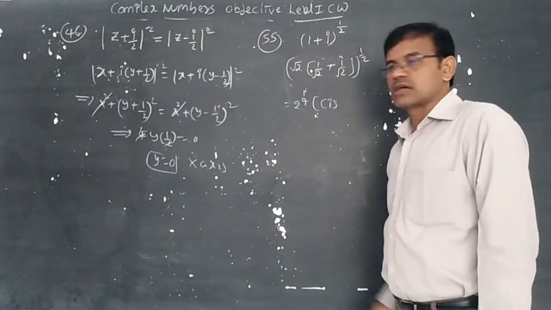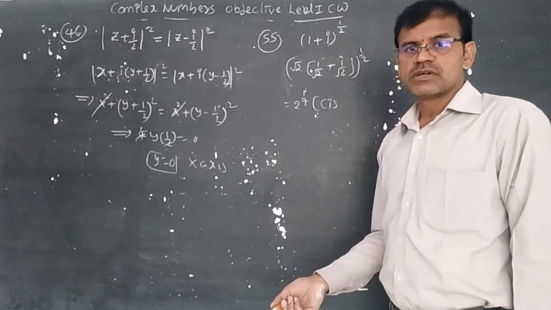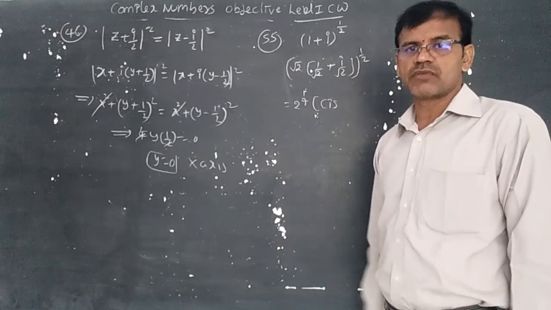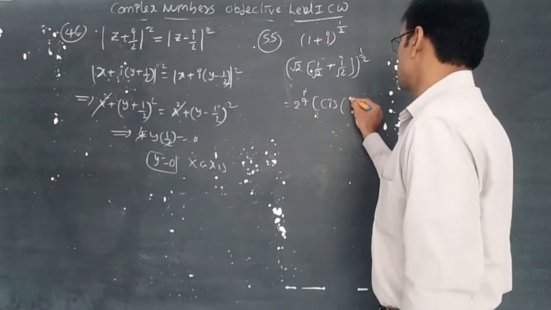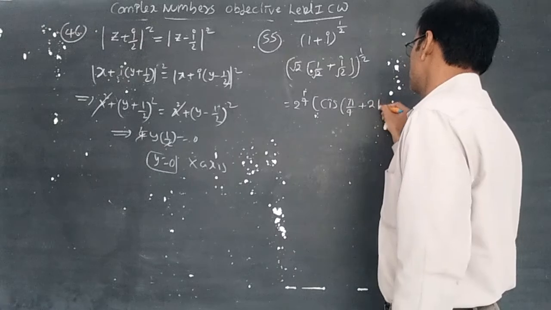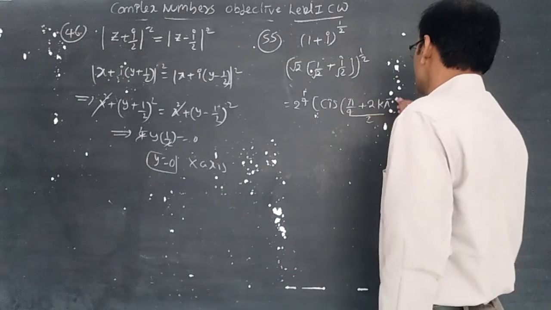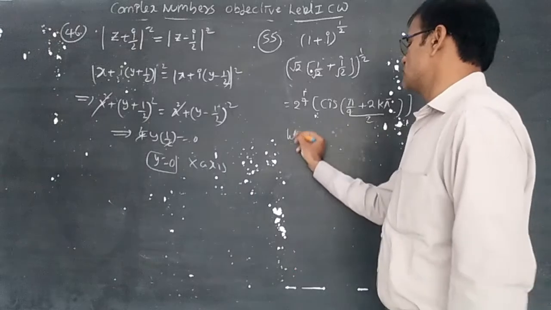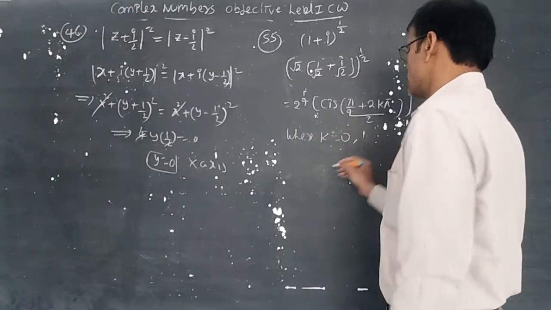Formula: cos theta plus i sin theta whole power 1 by n, the nth roots of unity concept, is cos of theta plus 2k pi by n plus i sin of theta plus 2k pi by n, where k is equal to 0, 1 and so on up to n minus 1. So here it is pi by 4 plus 2k pi whole by 2, where k is equal to 0 comma 1. That's all.